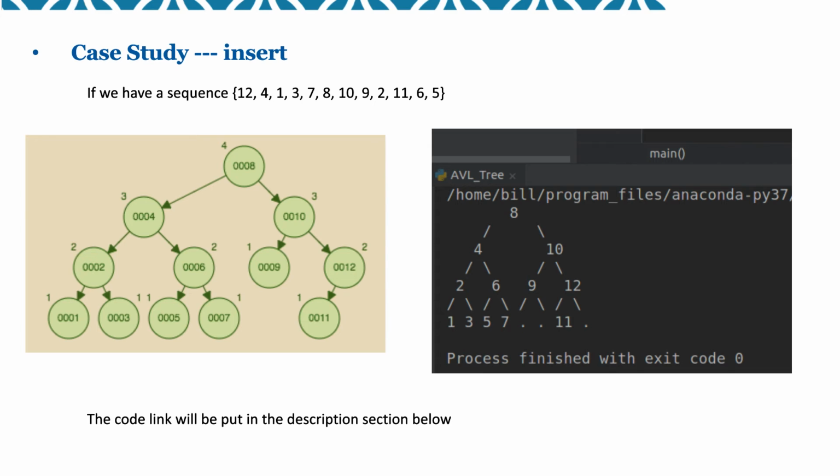Okay, let's move on to see how it performs by inserting those sequences using our code. My code will be put in the description section below. So the result is the same as this one. As we can see, 1, 3, 5, 7, 11, 2, 6, 9, 12, same as this one, right?